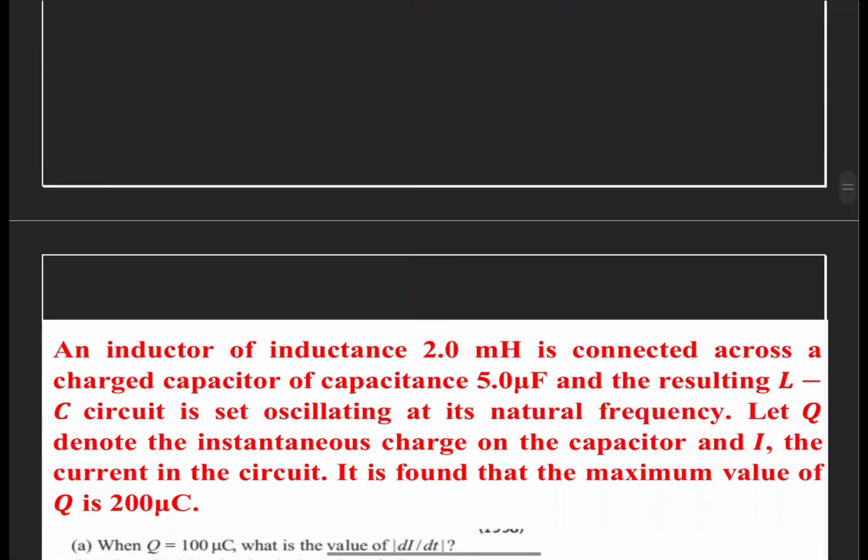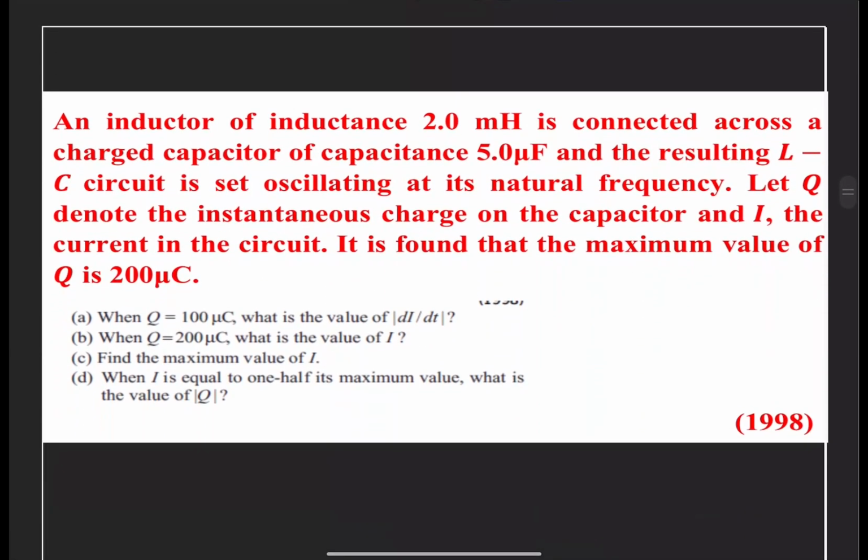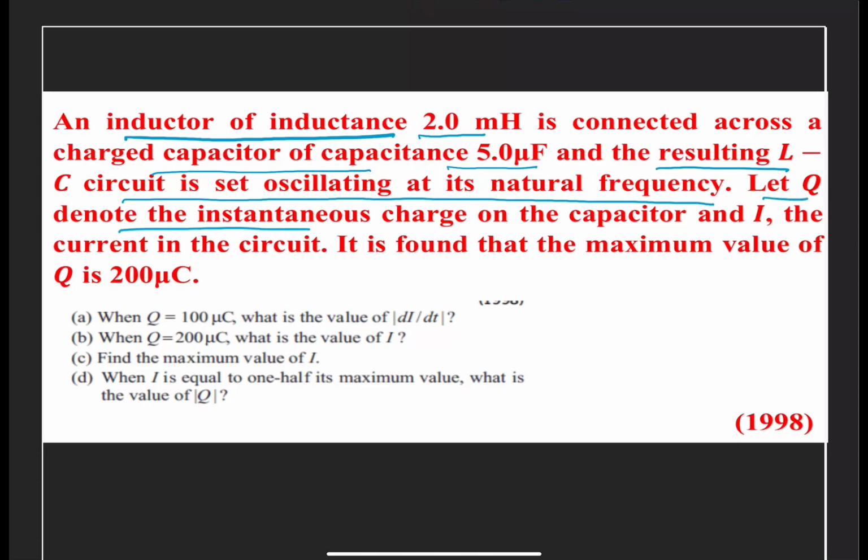In the next question, we have an inductor of inductance 2.2 millihenry connected across a charged capacitor of capacitance 5 microfarad. The resulting LC circuit is set oscillating at its natural frequency. Let Q denote the instantaneous charge on the capacitor and I the current in the circuit.